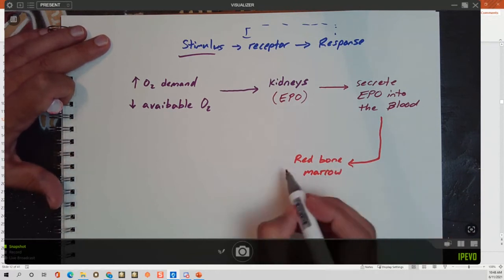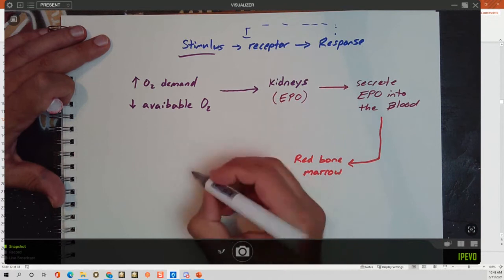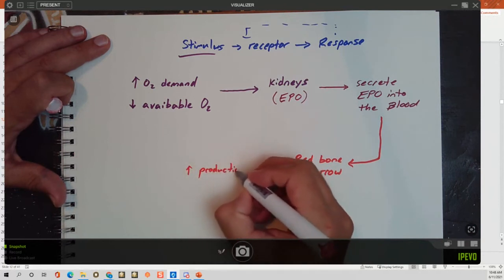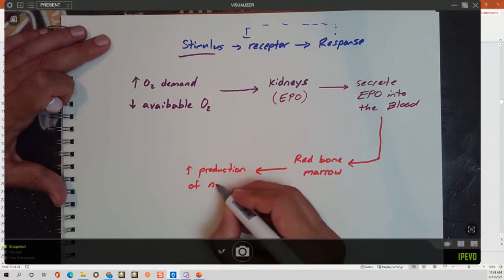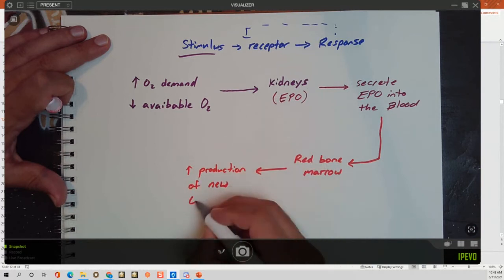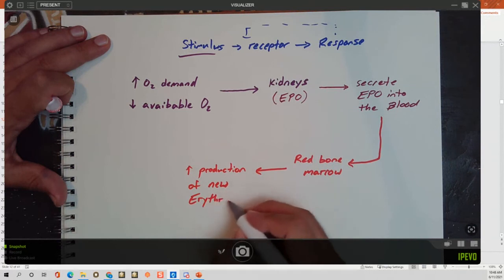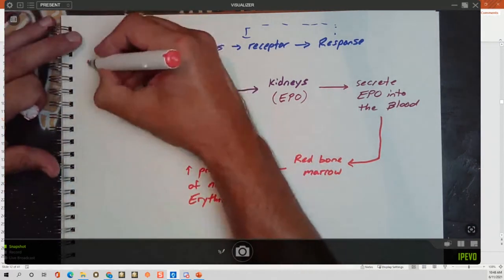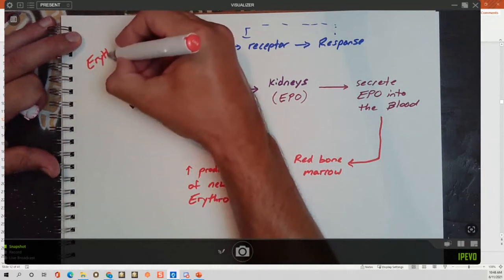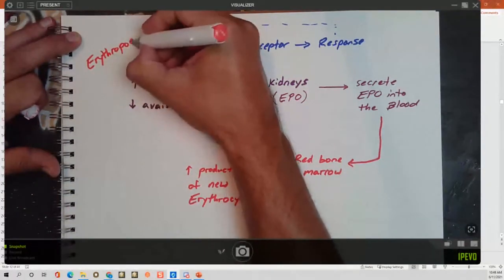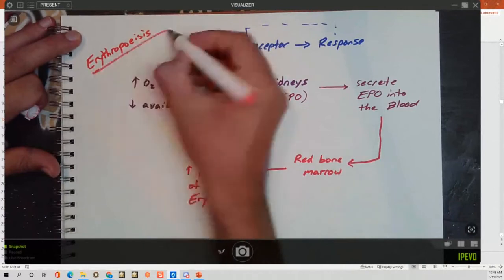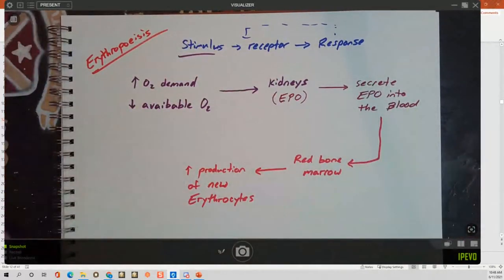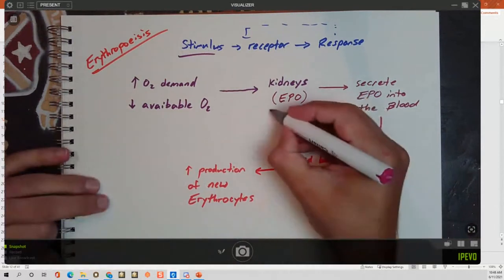Then that's going to increase the production of new erythrocytes. Again, this is called erythropoiesis. This is the whole category here. EPO stands for erythropoietin.